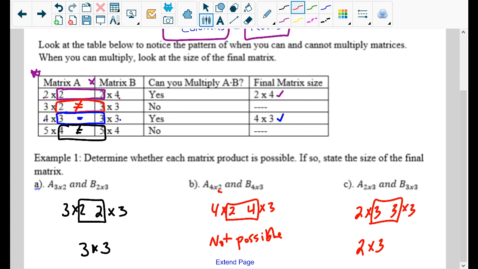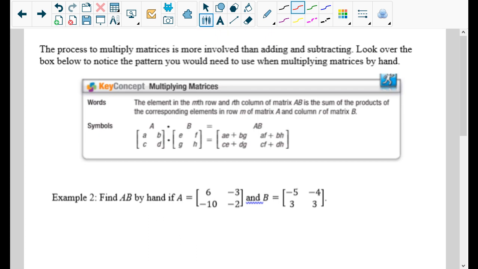Alright, so now we've determined whether I can multiply matrices or not. Well, let's take a look. How do we actually multiply them? You can see the little chart, multiplying matrices. What happens is I take the first row and multiply it with the first column to go in that first spot. Then I take the first row and multiply it with the second column for the second spot.